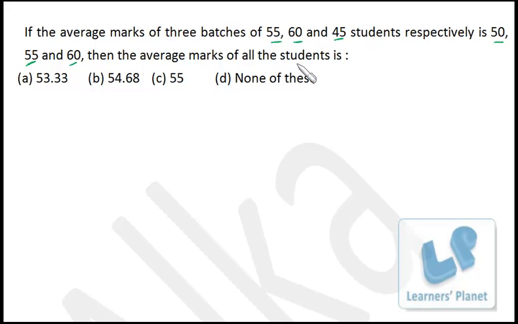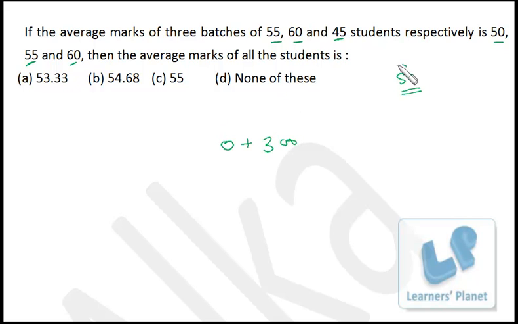Apart from that, once again we can go for the deviation method. I assume the average is 50, right? Now for these 55 students, the average is 50, so deviation is 0. For 60 students, the average is 55, so the total deviation will be 5 into 60 students, that is 300.